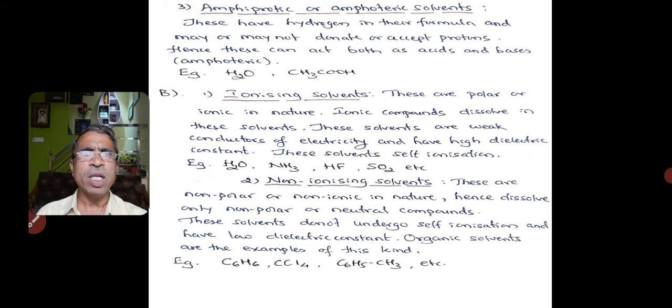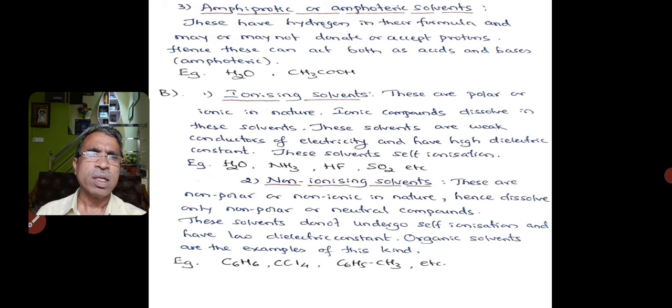Examples of ionizing solvents are water, ammonia, HF, hydrofluoric acid, sulfur dioxide, etc. Water turns into H+ and OH-, NH3 into NH4+, HF into H+ and F-, SO2 into SO2+ and SO3 2-. As I have said, NH3 becomes NH4+ and NH2-, etc.